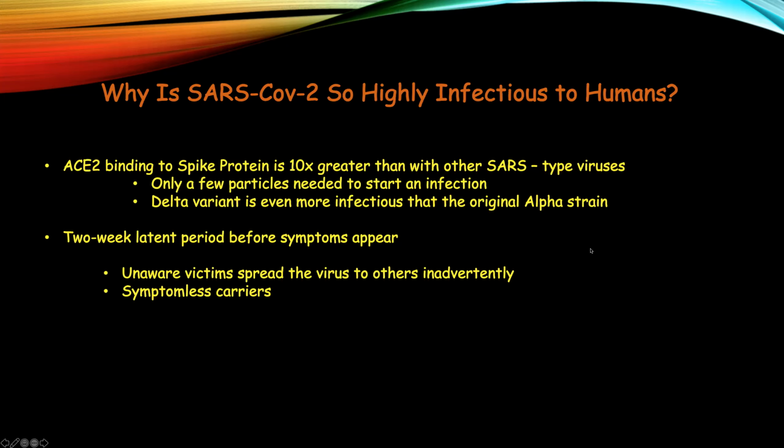So they're going around intermingling with other people, spreading the virus without knowing they're infected, without knowing they're causing other people to be infected. So during this period, they're known as symptomless carriers. And this is why testing is so important among people who are not vaccinated, because they could be carrying the virus and spreading it around without having any symptoms. But if they're tested and shown to be infected, then they know and they can quarantine.